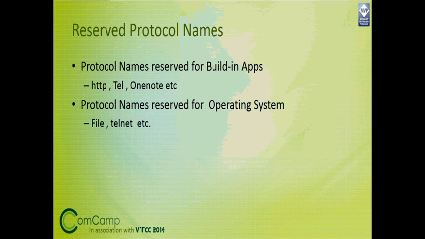There are also a few other protocol names reserved for the operating system, something like file, telnet, etc. As a user, you should not attempt to register your app with the reserved protocol names. If you try, that will be ignored. And when a URI is launched that contains a protocol name already reserved for a built-in app or by the operating system, then only the built-in app is launched and your app will not get the precedence.